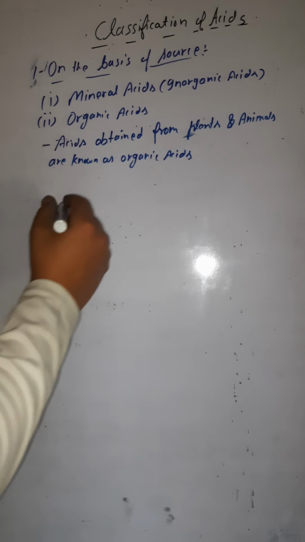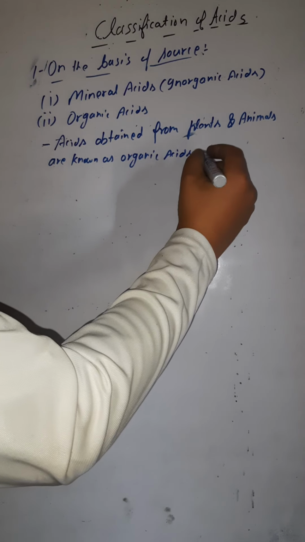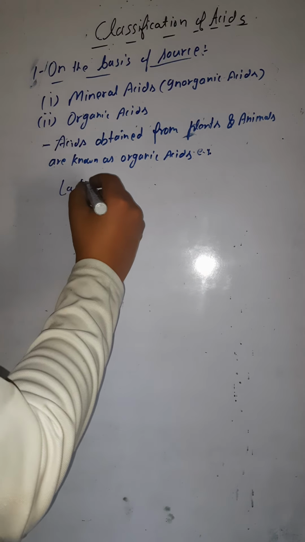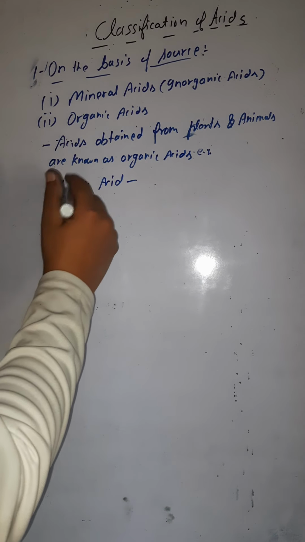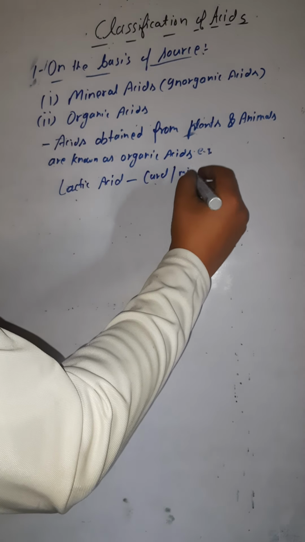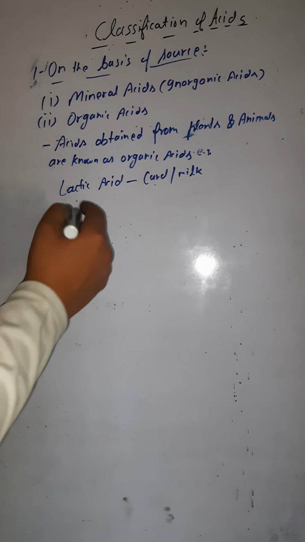So first one is lactic acid. These are the examples. You would find lactic acid in curd and milk. Then next one is oxalic acid.